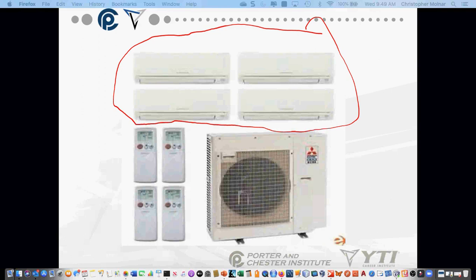So, but I'm going to tell you the other thing though. If you research into the brands a little bit, you're going to find out that the brand names a lot of times are actually, for example, Mitsubishi makes 4 sub-brands of different names.